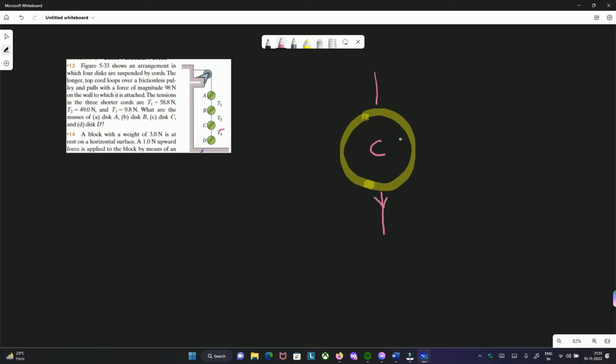So T3 has reversed direction for C. The direction for D for T3 was upwards; here it is becoming downwards. Then the upper part of C is upward, and this is mcg, the weight of C.